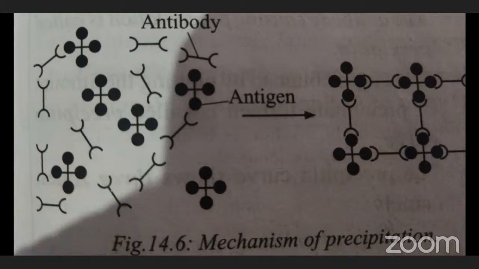This is the binding site of the antibody, so one antibody can bind to two multivalent antigens. When the antigens and antibodies are at optimal concentration, the precipitation is complete and a large lattice is formed.